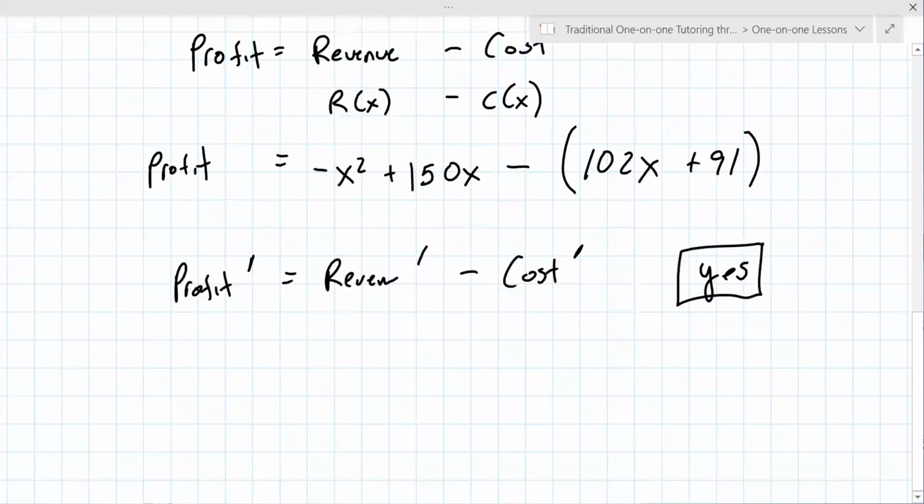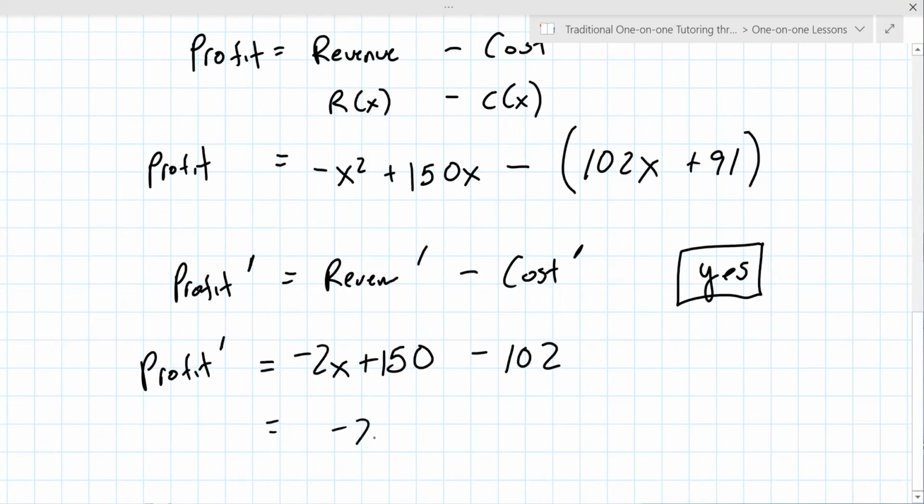So for example, you know that the cost derivative is 102, and then the revenue derivative, as we just found, is minus 2x plus 150. So 150 minus 102 is going to be 48.